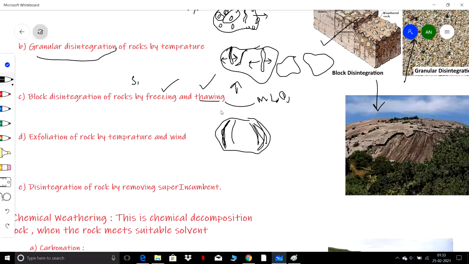When the wind blows, these cracks expand and the shells fall down. As shown here, these were the previous cracks, and here the rocks fell down under the influence of wind.